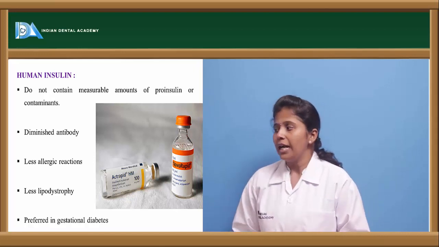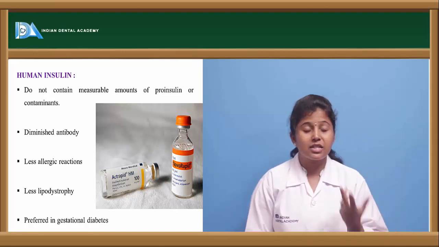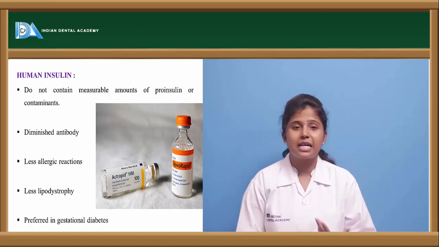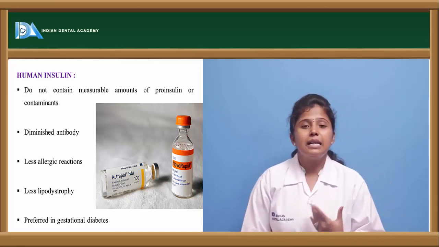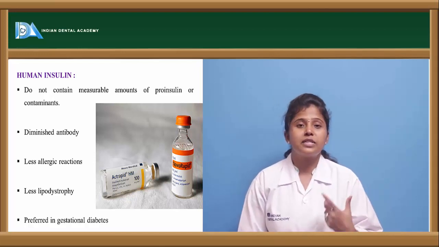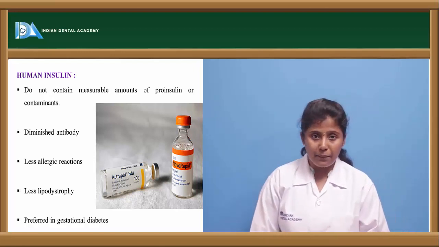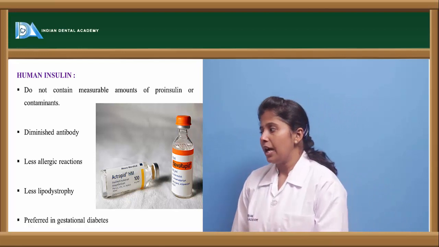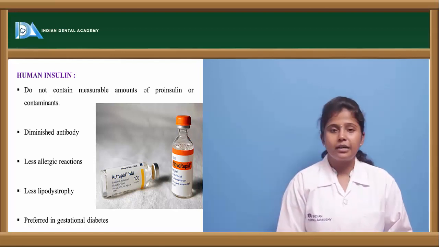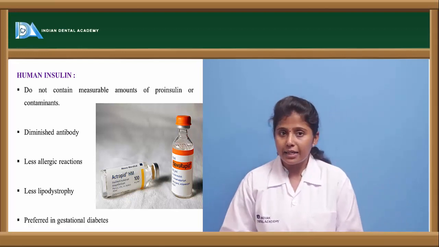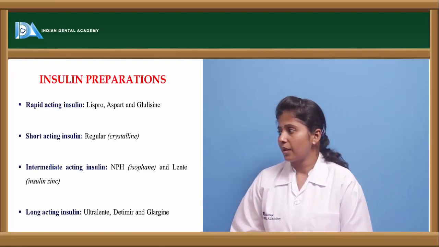They provide fewer allergic reactions as well as less lipodystrophy. Lipodystrophy is a condition where there is difficulty in proper lipid functioning or lipolysis. It is mostly preferred in the diabetic condition.